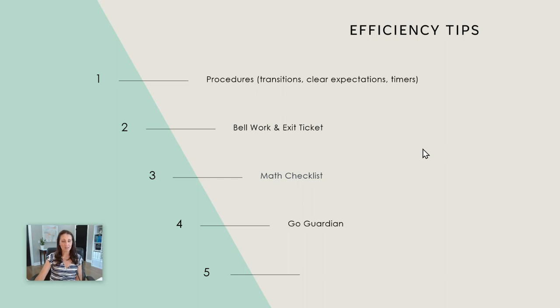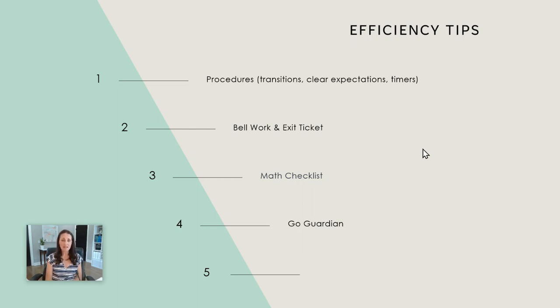GoGuardian. I know most of you probably use it, especially teaching through COVID. GoGuardian was really helpful during that independent checklist time, because I had a few students who would fake that they're on task, but while doing that, they were playing unblocked games or doing off-task stuff like emailing other students.